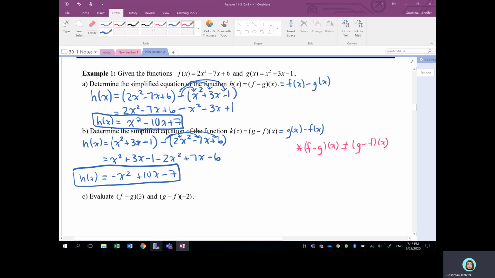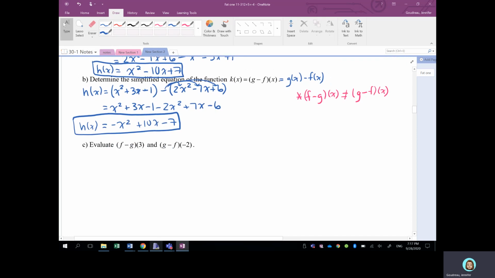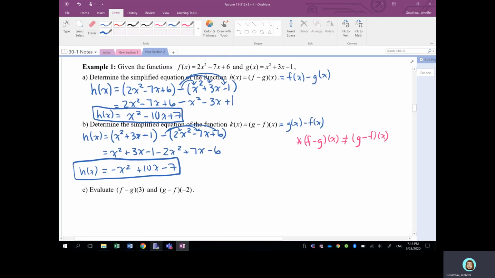That when we change the order of the functions, it creates a different function. We're not quite done with this question though. Part C says evaluate f minus g at 3 and g minus f at 2. And I'm going to show you two ways to do these questions. For the first one, f minus g at 3, we already know what f minus g is.